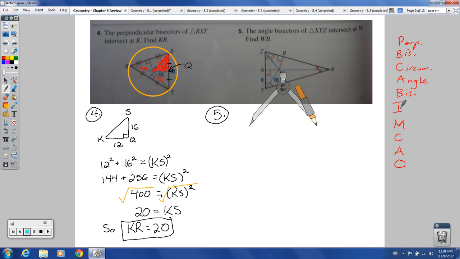Okay, so this is angle bisectors goes with incenter, medians goes with the centroid, and then the altitudes or heights go with the orthocenter. Altitudes.